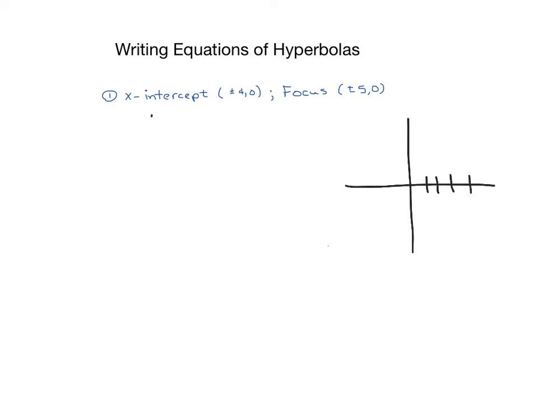They're both at the ordered pair 4, 0 and negative 4, 0. These are my x-intercepts, which, because they're touching the x-axis, are also my vertices. Notice my center point is the midpoint here, and it's the origin. I also have a focus point, which is at 5, 0.